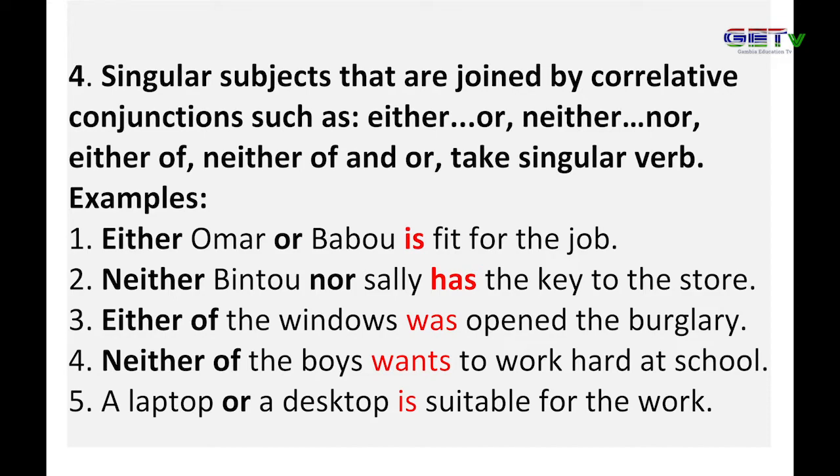We give another example. Neither the teacher nor the student was in class. You cannot say neither the student nor the teacher were in class, because were is plural of was. So the correct verb here is was. Say neither the teacher nor the student was in class.